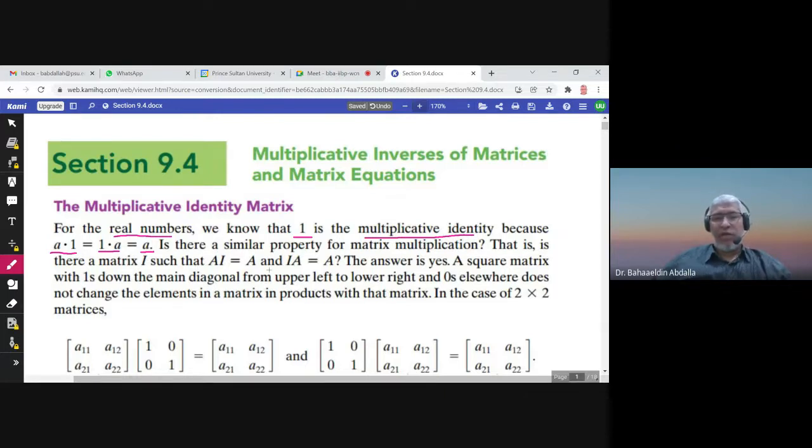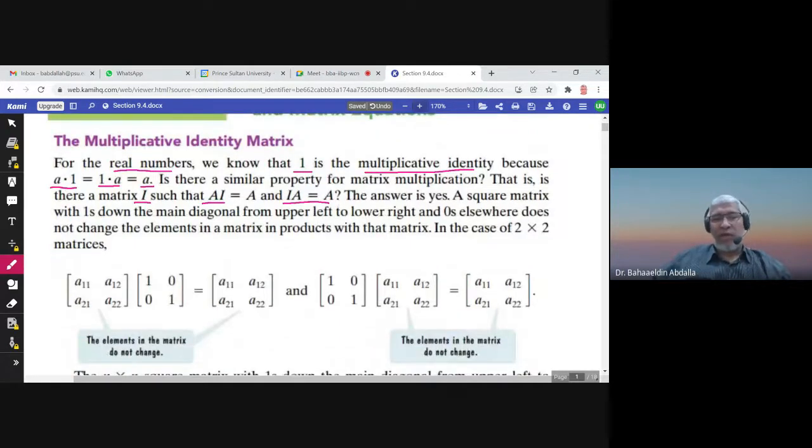So we are asking whether there is a multiplicative identity for matrices. Is there a matrix I in which we multiply A times I and we get A, I times A and we get A? And the answer is yes. But this happens for square matrices because I need IA to be equal to A times I. So for square matrices, we have an identity matrix.